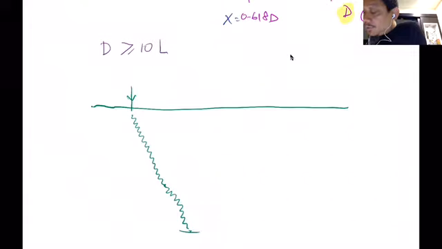If the current is here, but your probe is here at VB, then you need to find this distance X. And this distance X gives you the same voltage.